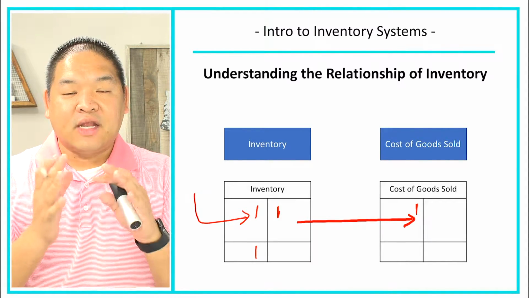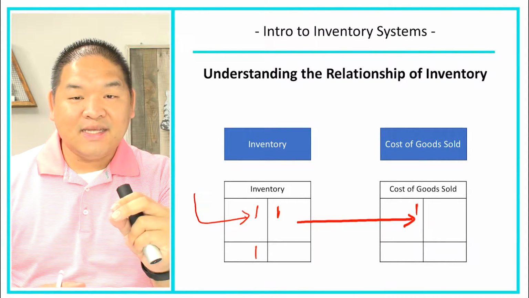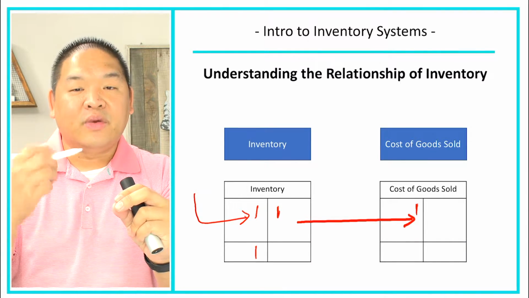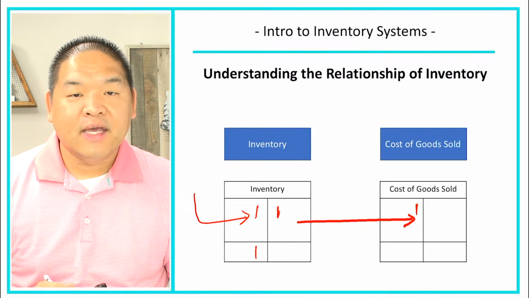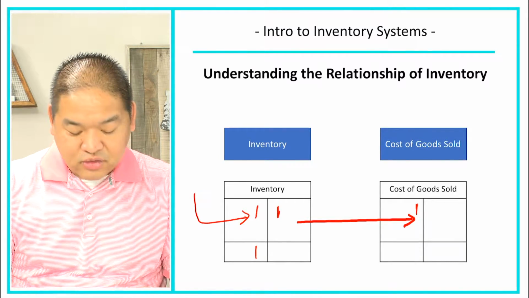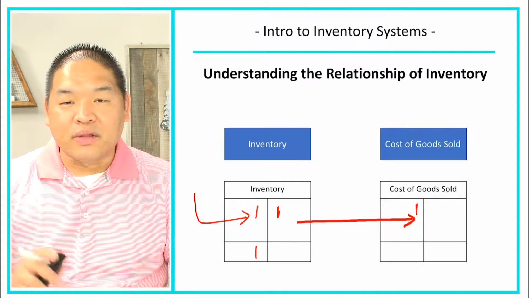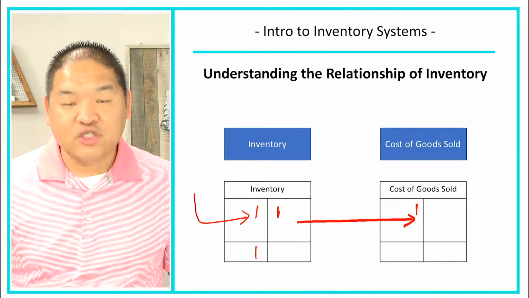So understanding the flow, we're going to bring it into the inventory account, and then when we sell it, we're going to move it to cost of goods sold. Cost of goods sold is an expense account. So that's the pictorial relationship view of inventory.